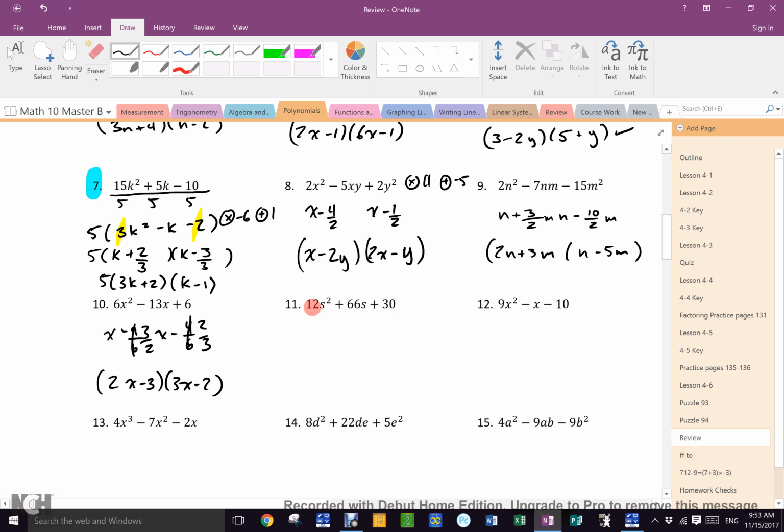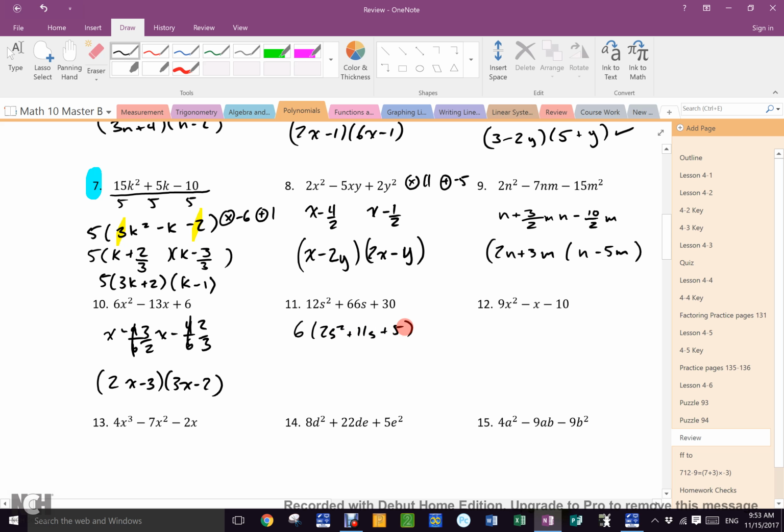This one, again, tricky. How many of you automatically did 12 times 30? Probably a lot of you, and got 360, and you're like, yuck, barf, right? GCF it first. Make the numbers simpler, right? What goes into all of those? 6. 2s squared plus 11s plus 5.